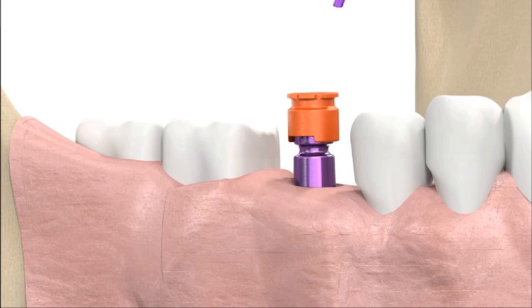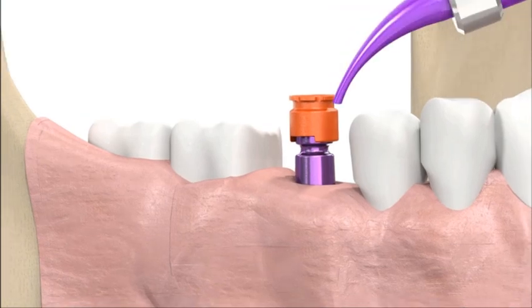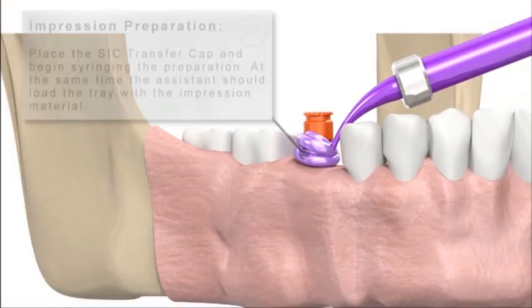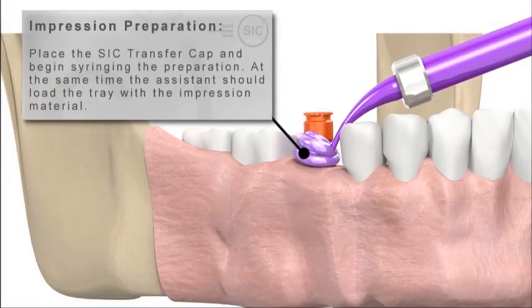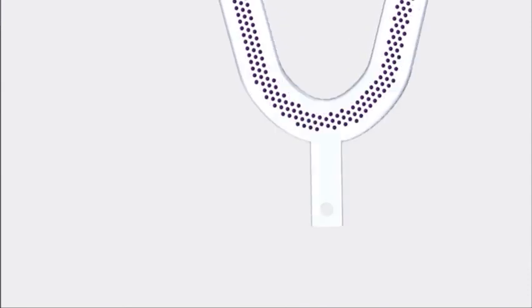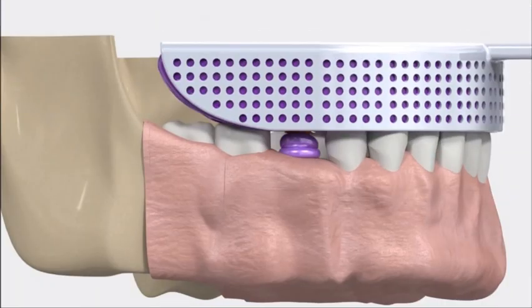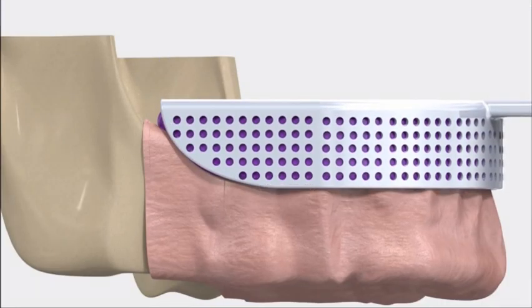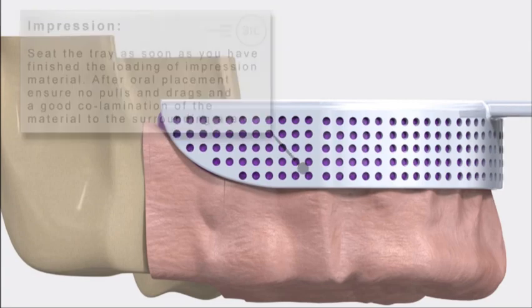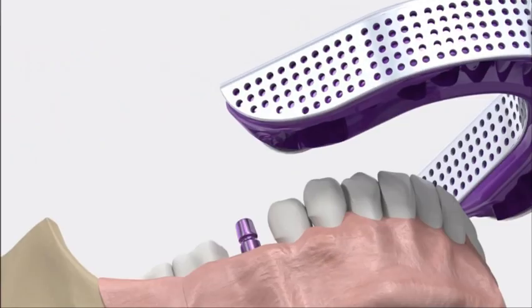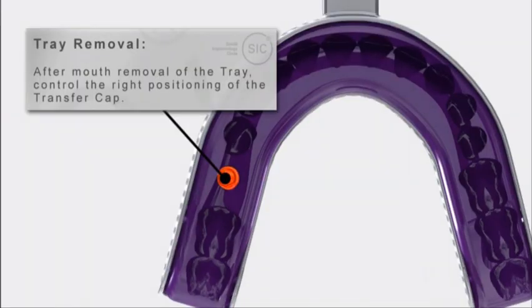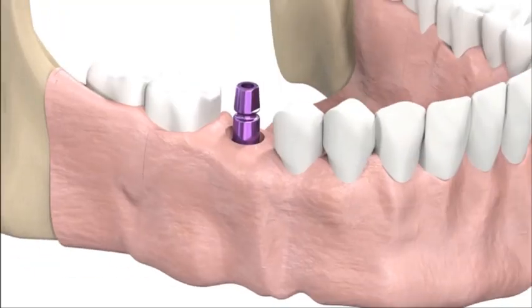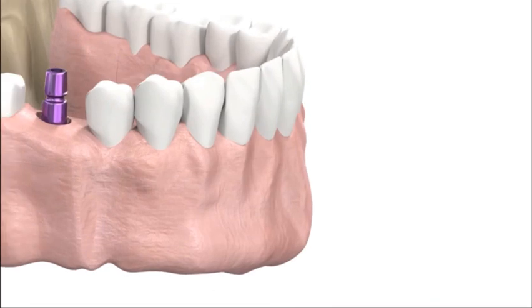Then you will inject the light body impression material all around the implant abutment and transfer cap and the neighboring teeth. Now with the tray loaded with the heavy body, take an impression.